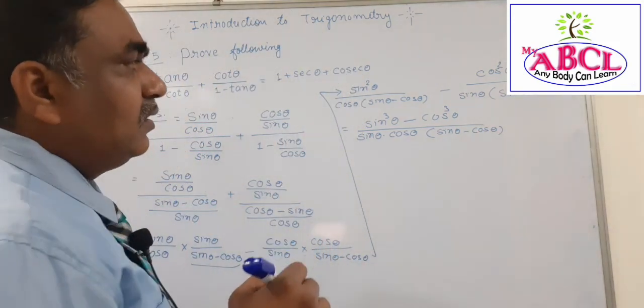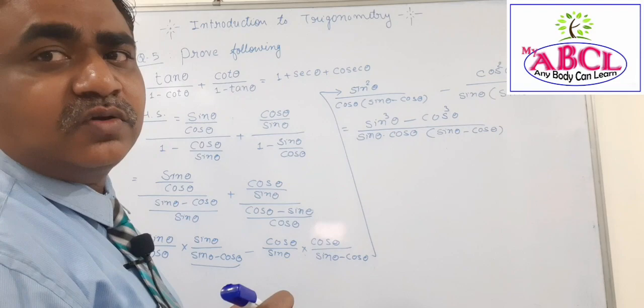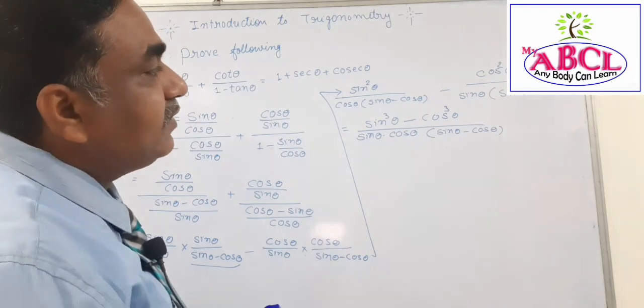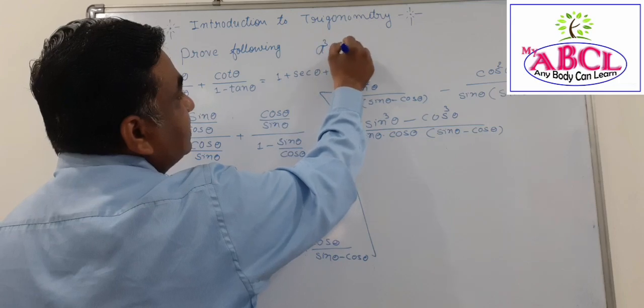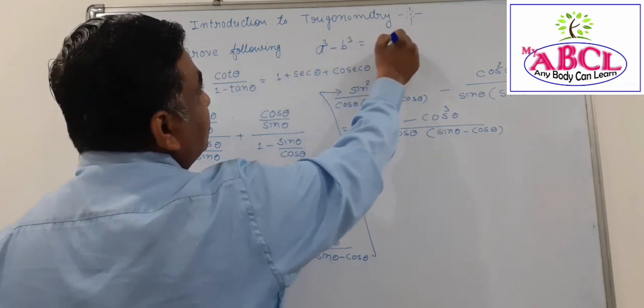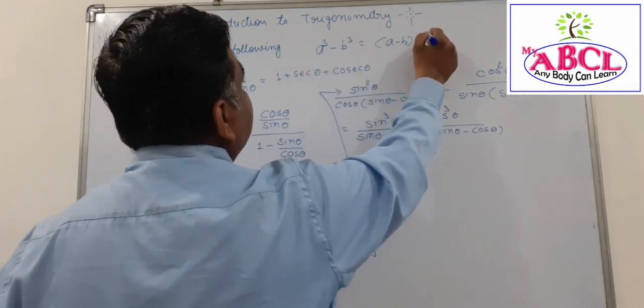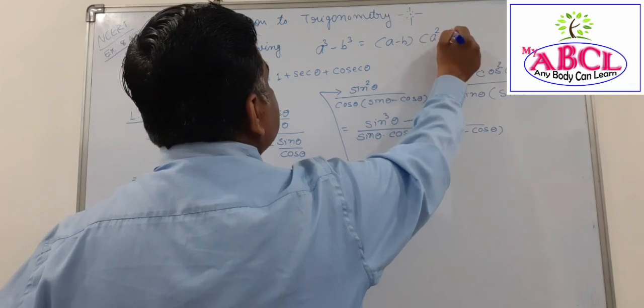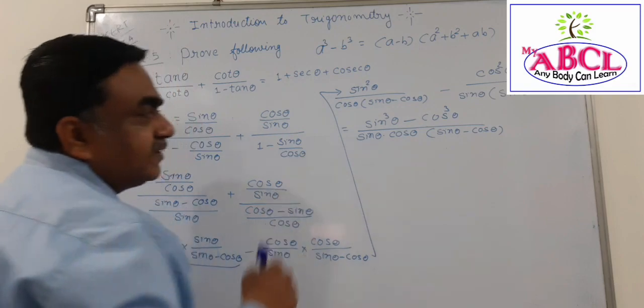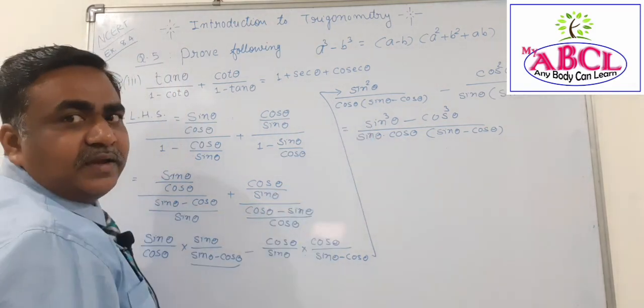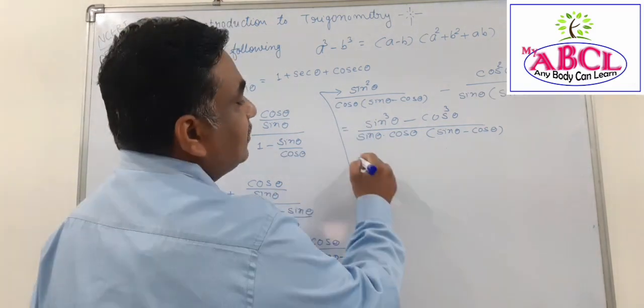Now we got sin cube theta minus cos cube theta, and here we can apply the identity a cube minus b cube is equal to a minus b, and in the second bracket a square plus b square plus ab.